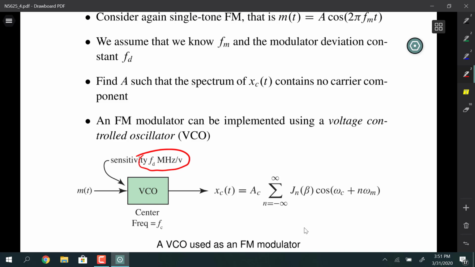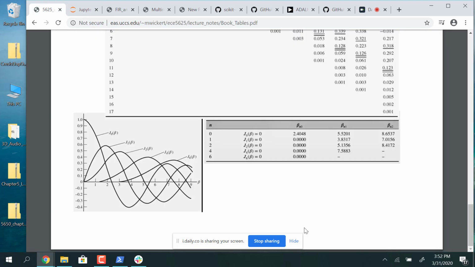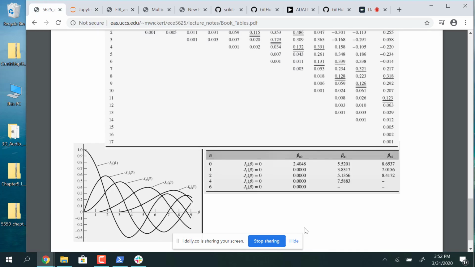So the question I have here is a homework problem, could be a quiz problem: find A such that the spectrum of the VCO output x_c(t) contains no carrier component. If there's no carrier component, you'd be inclined to say that means J0 of beta goes to 0.